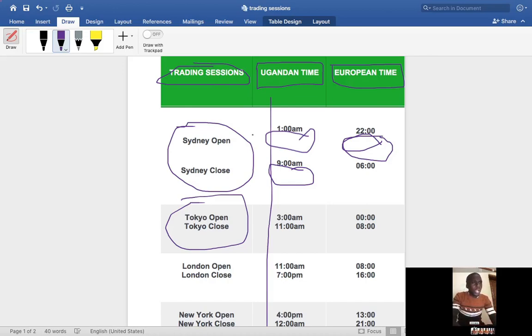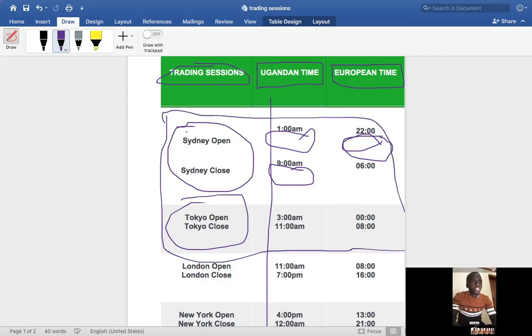When you look at the difference between 1 and 3, it's a bit close with a difference of 2 hours, which means that as the Asian market, that's why we normally combine these two sessions, and we call them the Asian session. Are we together? This is referred to as the Asian.